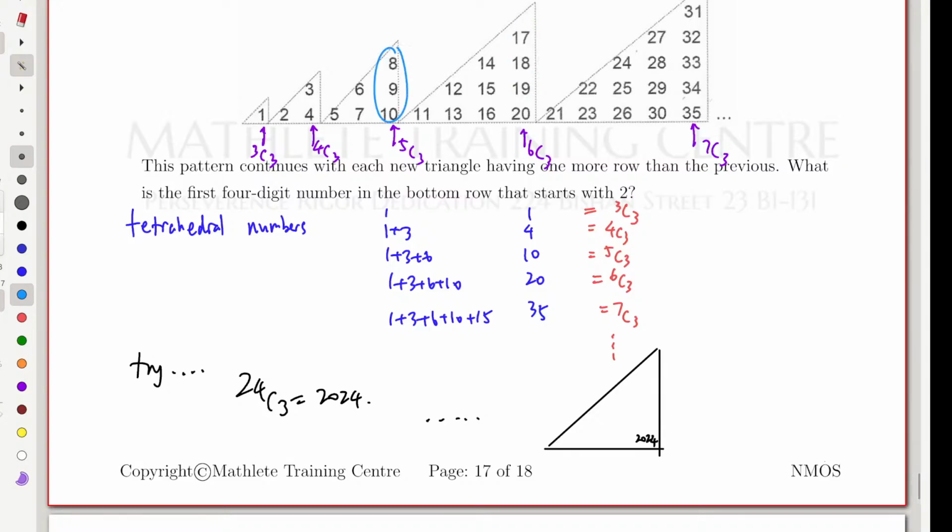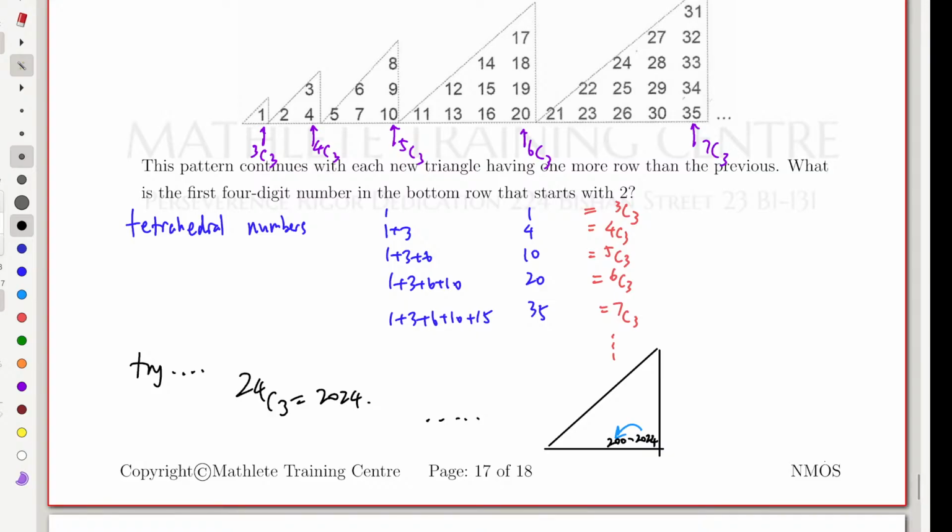Here there are 3 numbers. It's going to be 5 minus 2. This is 4 minus 2. This is 3 minus 2. So to go from here to here, we do a minus 5, which is 7 minus 2. What does it mean? It means that from here to here is a minus 22.